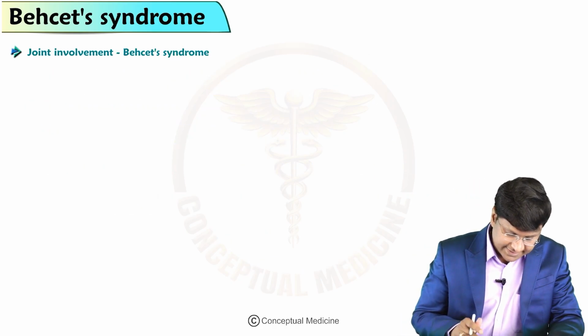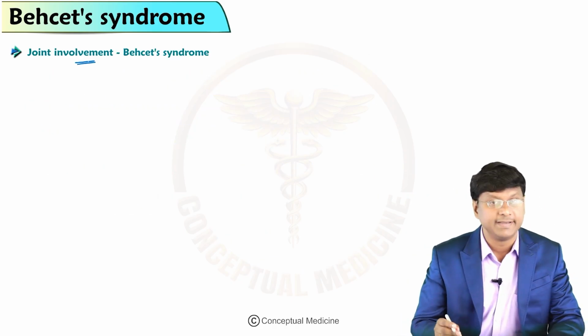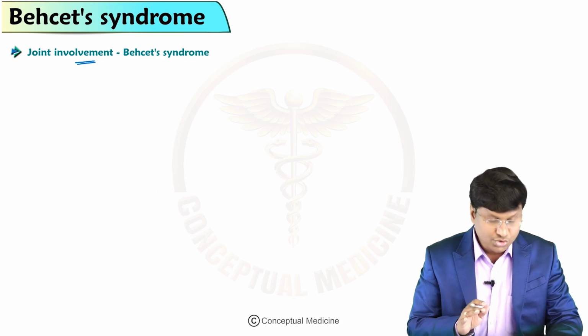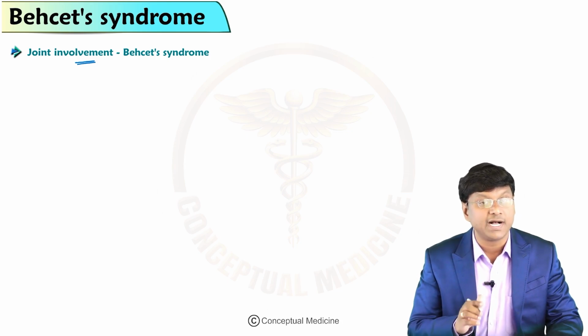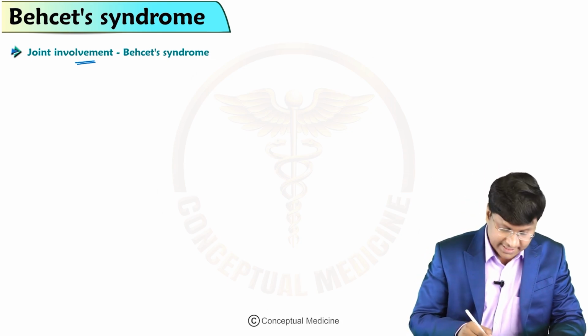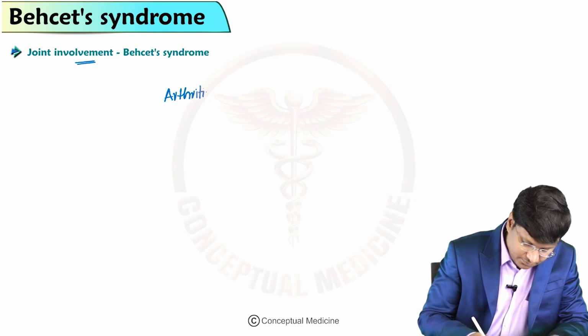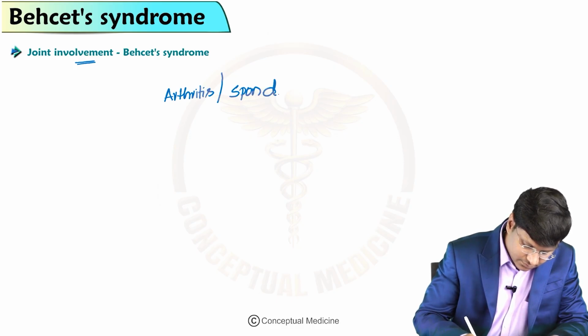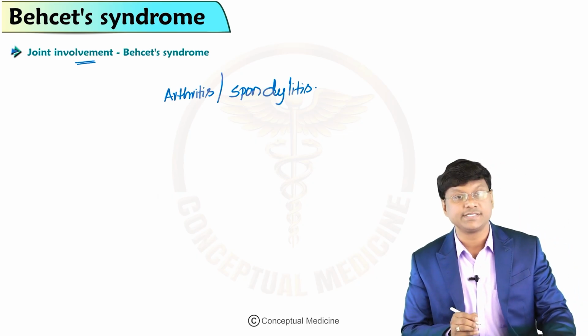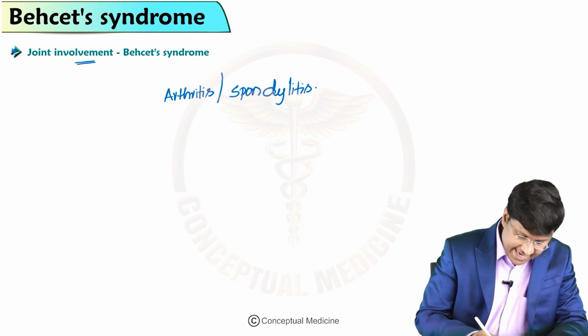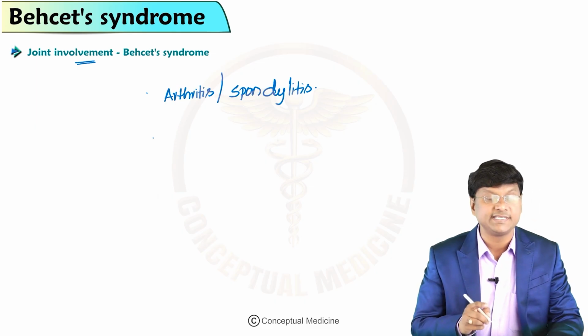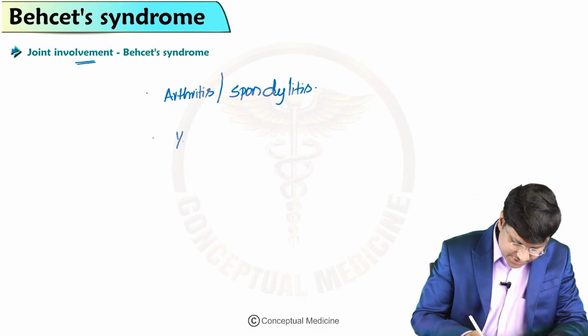Next, the joint involvement in Behcets. Joint involvement will be in the form of arthritis or spondylitis, and it is seen in half of the patients.